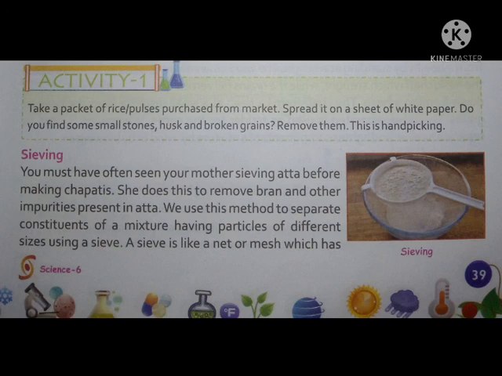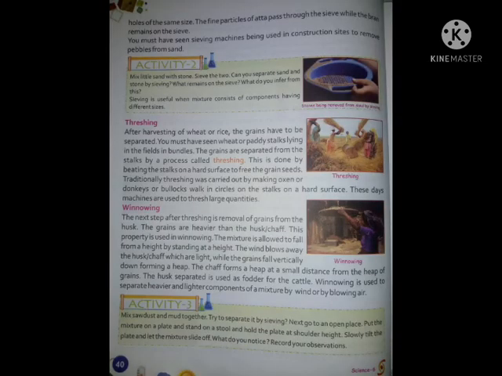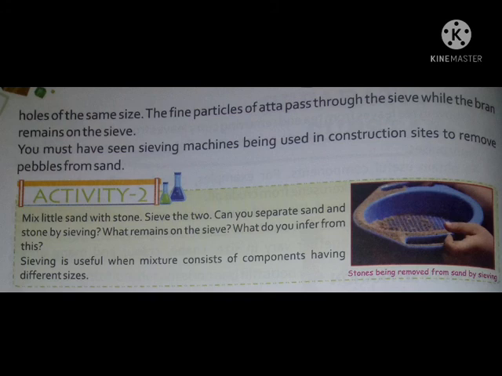We use this method to separate constituents of a mixture having particles of different sizes using a sieve. So, to remove some impurities from atta, we use a sieve. A sieve is like a net or mesh which has holes of the same size.